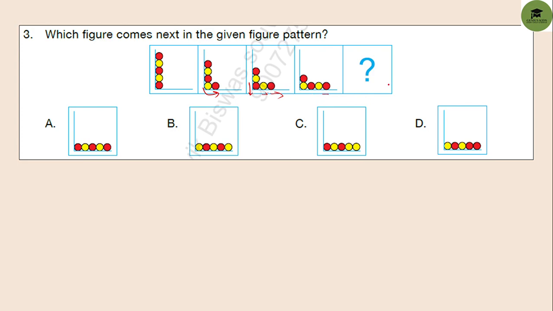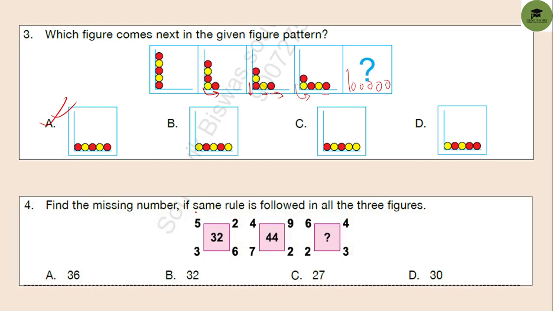So in the last one, it will be red, yellow, red, yellow, and red. So this red ball will come in the last one. In this figure, if you see, red, yellow, red, yellow, red, yellow, red, yellow, red. So option A is your correct answer.